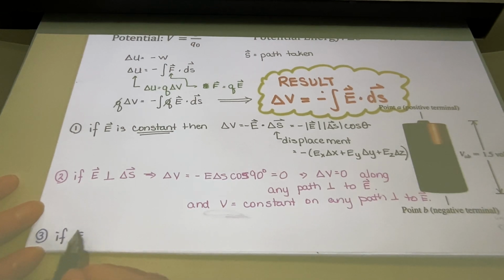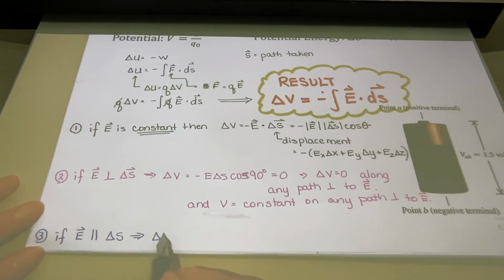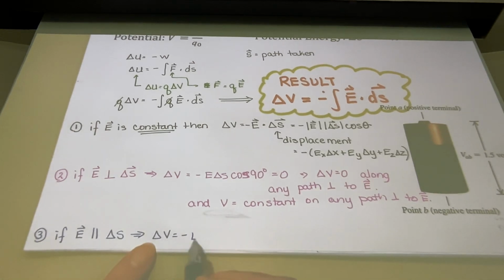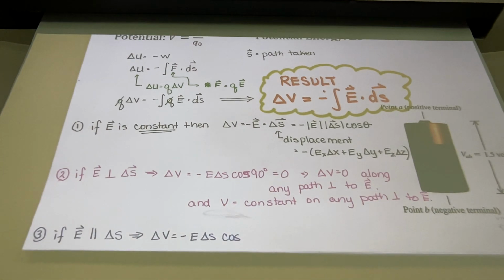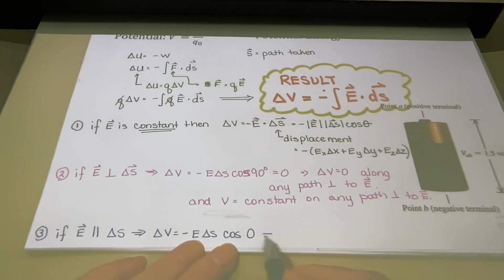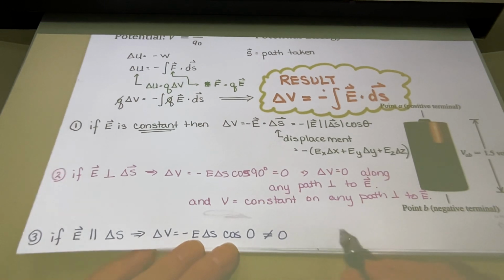If E is parallel to delta S, then delta V is minus E times delta S times cosine 0, which is not going to be 0.